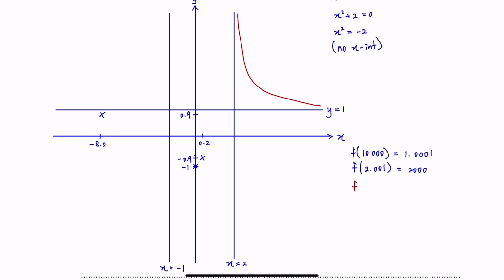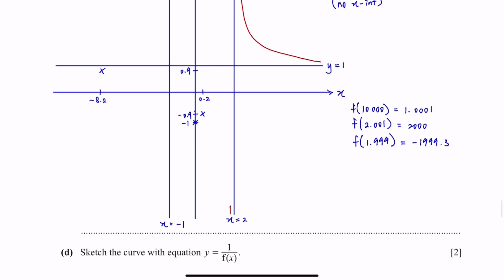So let's put x as 1.999 and we find that it's equal to negative 1999.3, which is a very small number. So it's towards the negative infinity. It's around this area.